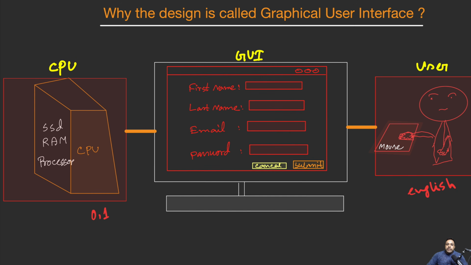That is why we need an interface in between that will make the communication happen. And this is what the GUI is doing. So the communication is happening between both the CPU and the user. That is why it is called a GUI, a graphical user interface. If you didn't know it, now you know it.